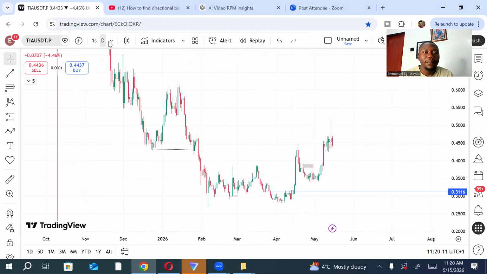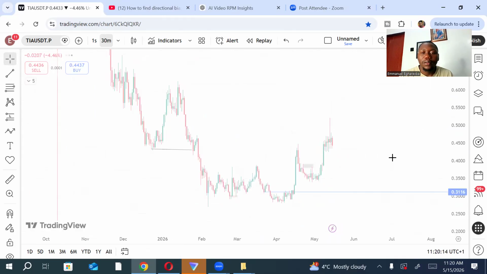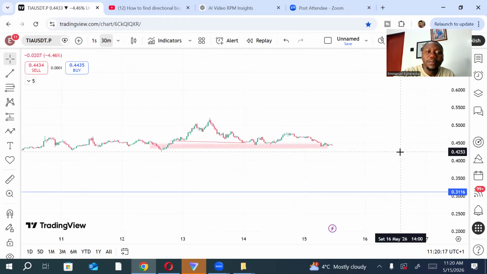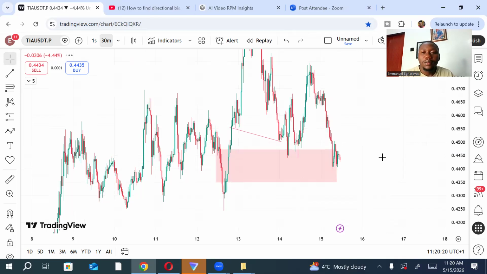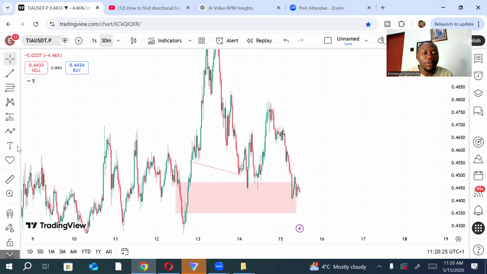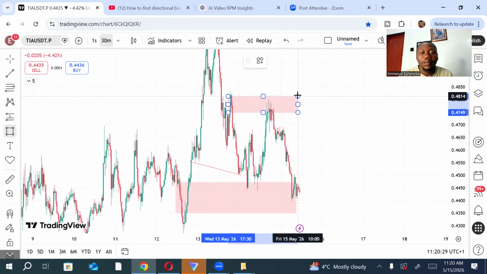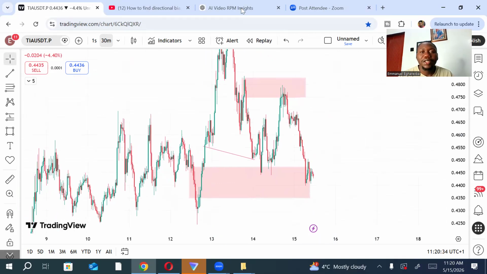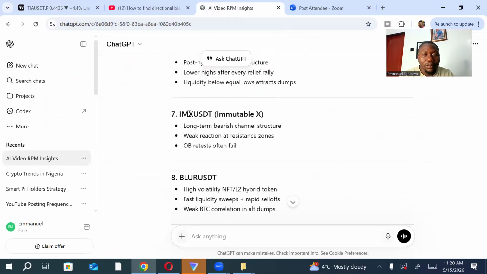You can see here, this structure was marked before, and this was supposed to be a bullish run, but it failed. It failed, and price mitigated this supply here. It started showing bearish intent. So let's look at the next one, IMX.